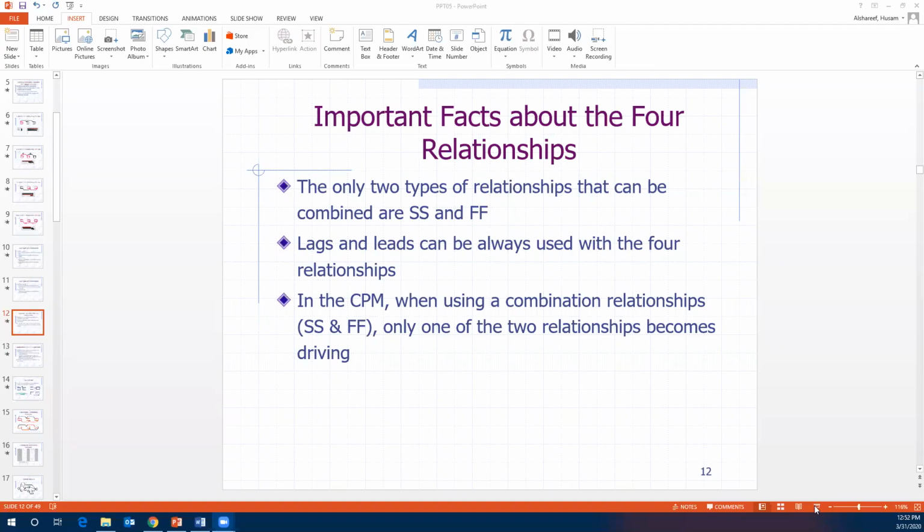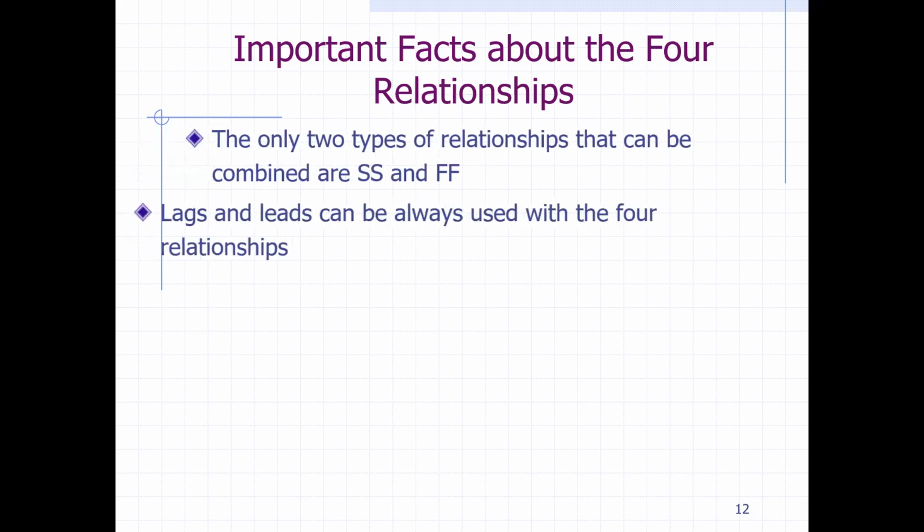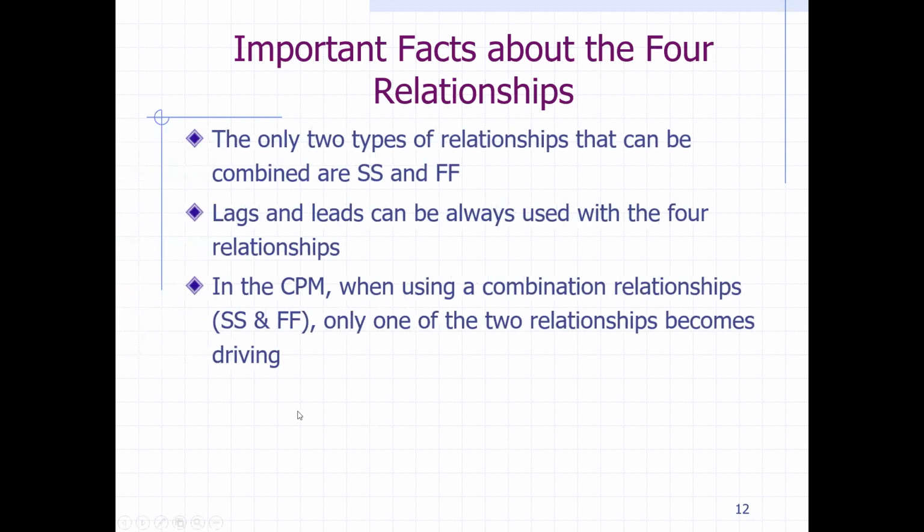Hello, everyone. This is part 4 of the President's Networks, and we're still talking about the four relationships. Just to recap from the previous lecture about this slide, we said that start-to-start and finish-to-finish relationships could be combined, but one of them has the driving approach, not both of them.